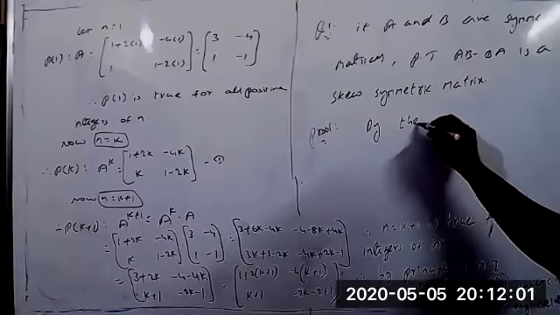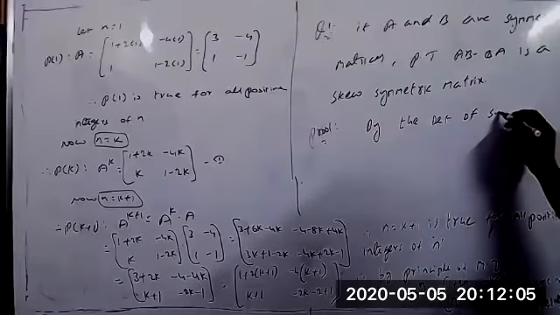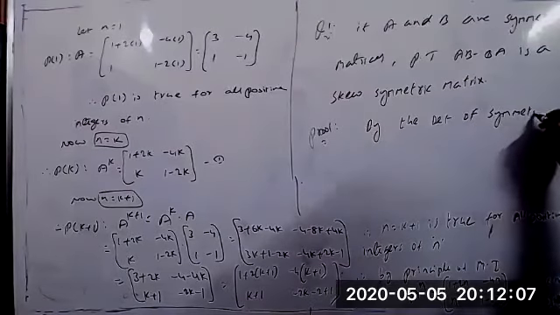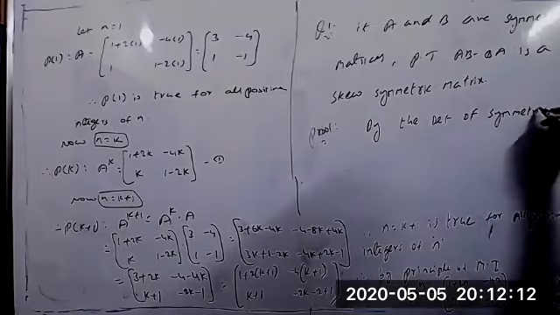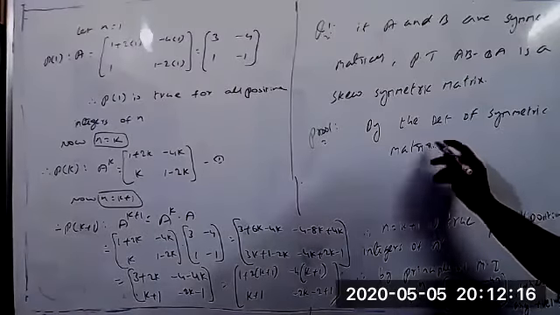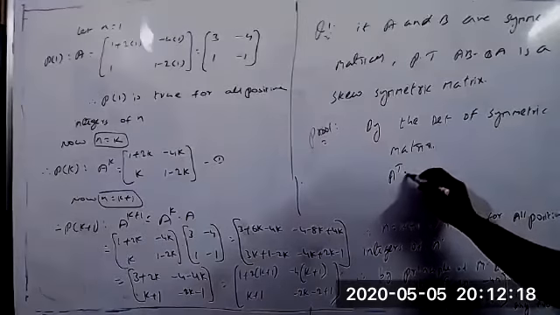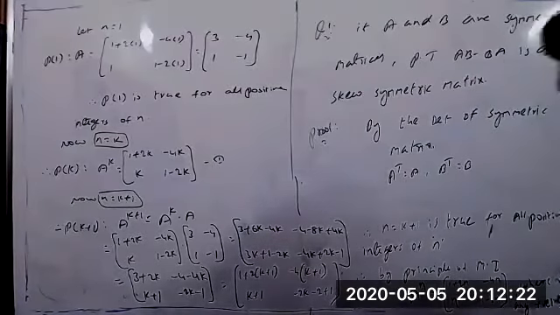By the definition of symmetric matrix, A transpose equal to A and B transpose equal to B. These are the conditions we know very well.